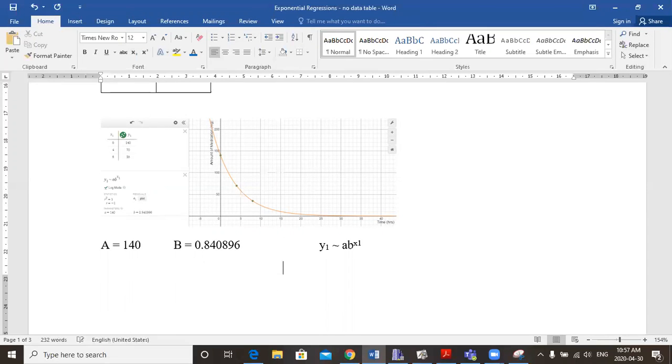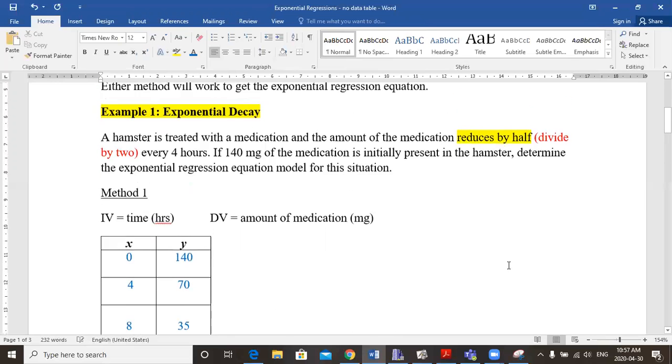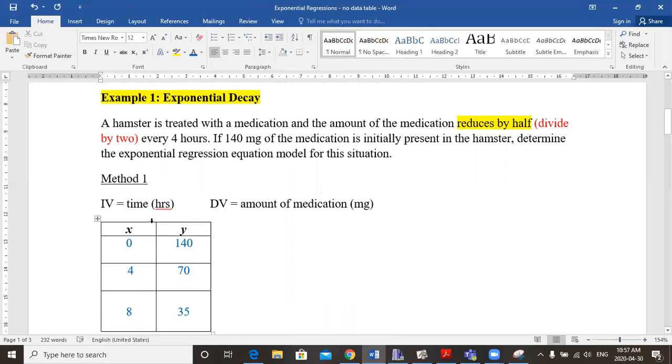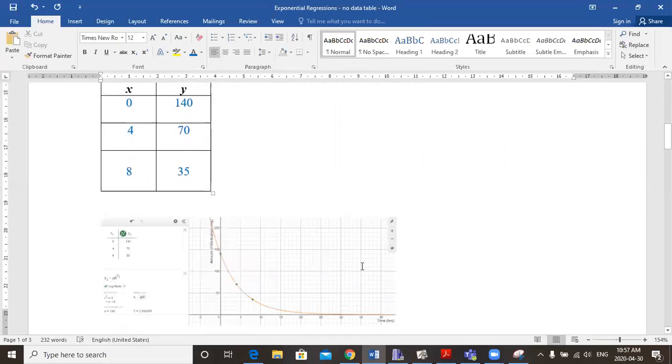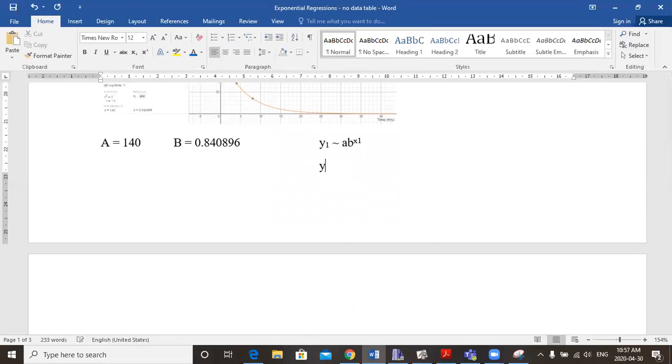We can say that x is the time, y is the dependent variable, so we can keep the letters the same. So y equals a, which is 140, times b, which is 0.84 to 2 decimal places, to the power of x. And that is our regression model.